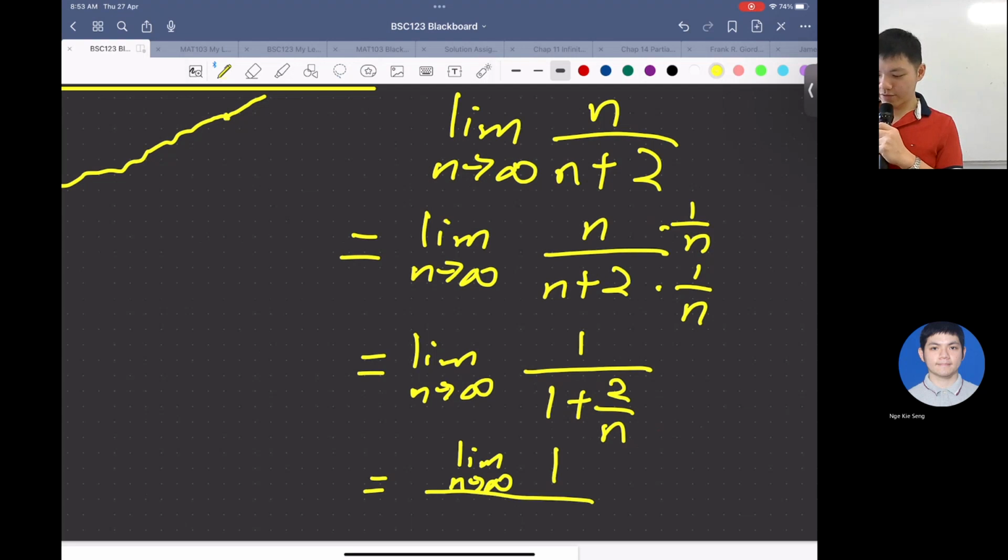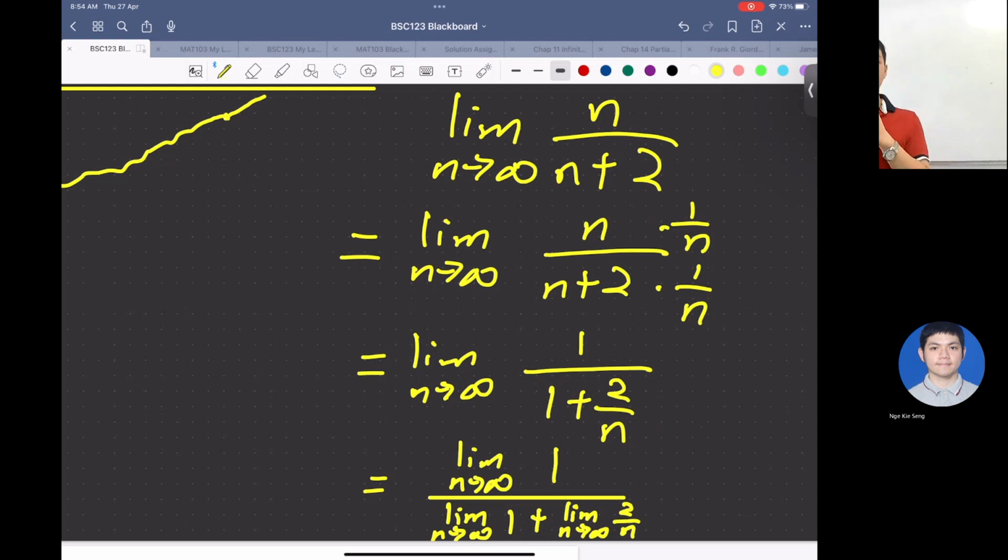I think it's method 3 that I mentioned just now. I want to remind you again, or warn you again: you can only split your limit when all the sequences are convergent. In this case, we know all of them are convergent. 1 is a constant sequence, and 2 over n converges to 0. So we can split the limit up.